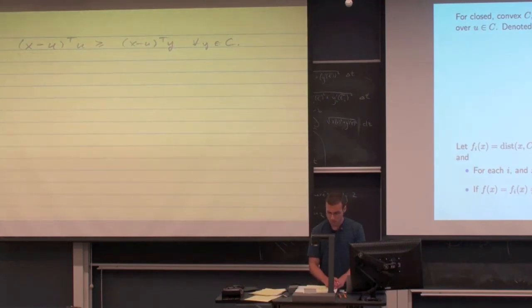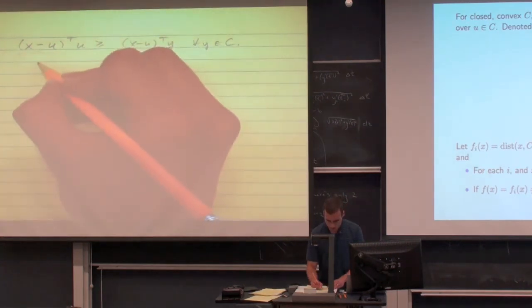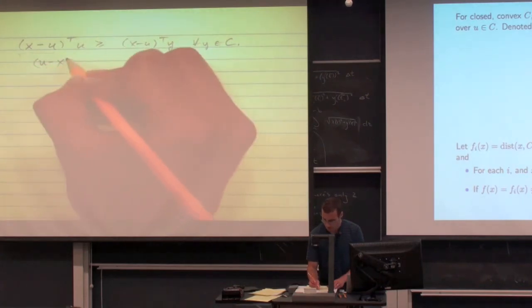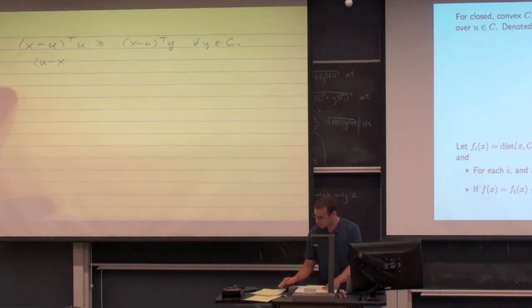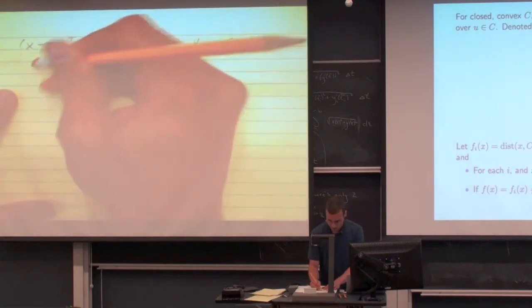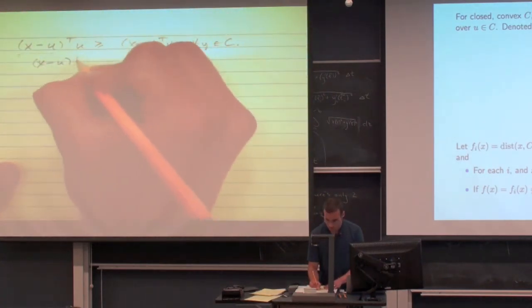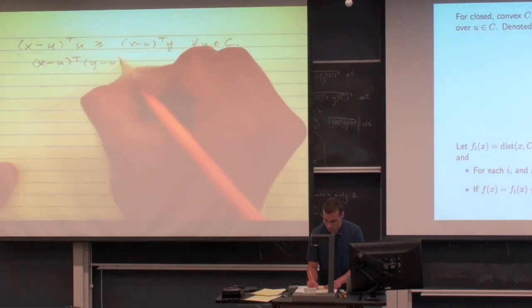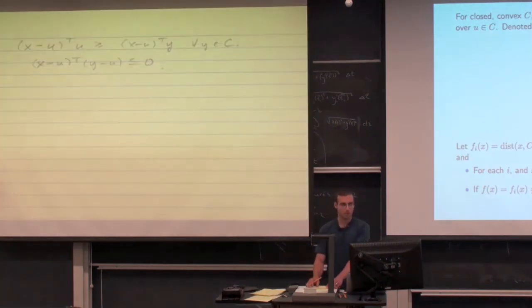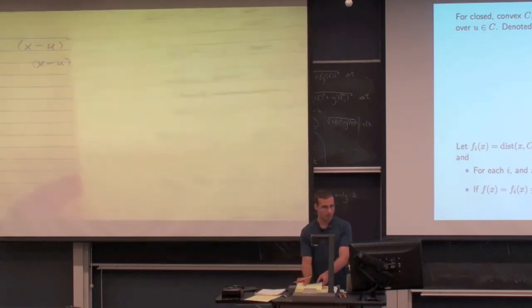And if I just rearrange this, I get that u minus x, or how did I write it in the last slide? I want to write it like this: (x minus u) transpose (y minus u) is non-positive. Okay, so that matched our intuition with this picture here that we just drew.